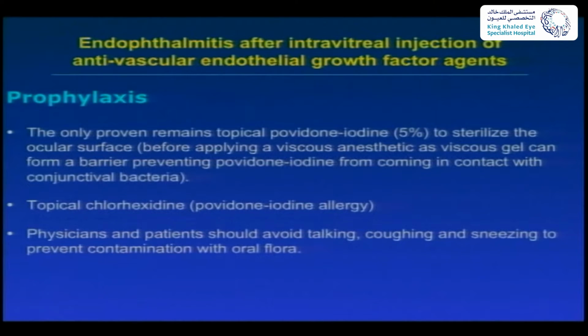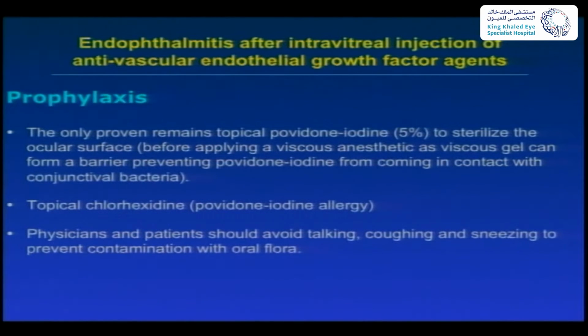How about prophylaxis of endophthalmitis after intravitreal injection of anti-VEGF agents? The most important and the only proven measure is to use topical povidone iodine 5%. I personally clean the eye of the patient by myself with povidone iodine 5% to sterilize the ocular surface.